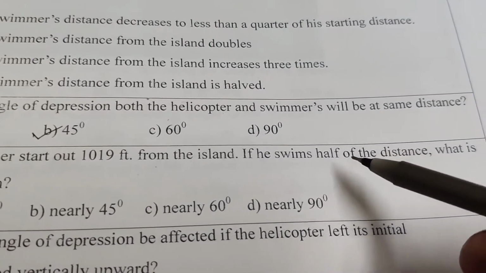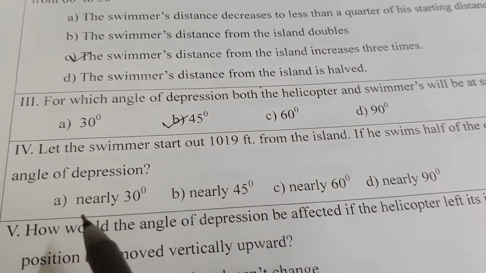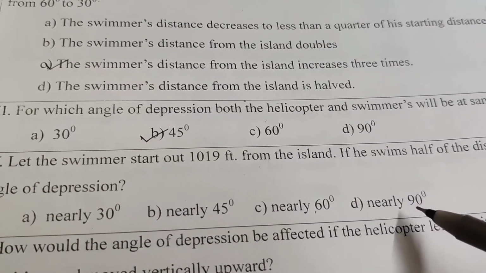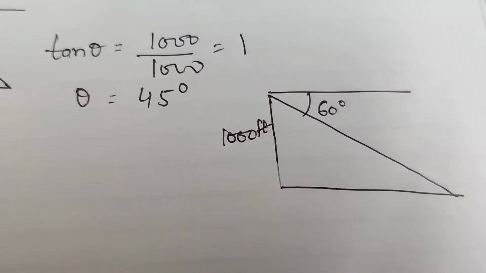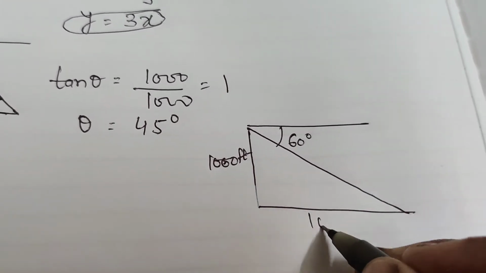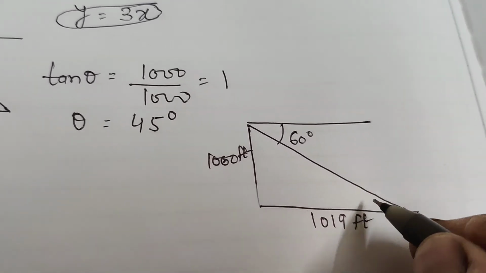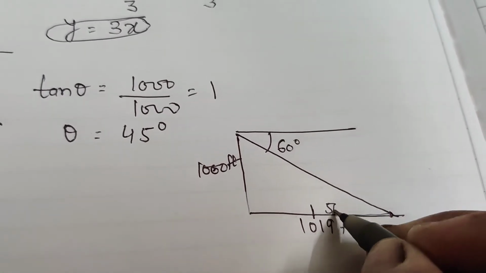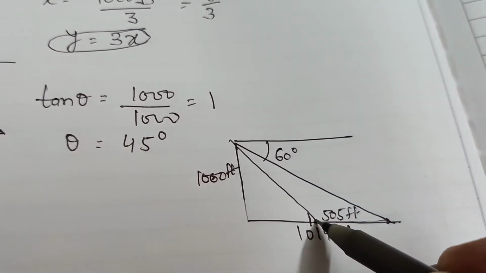The options are nearly 30 degrees, nearly 45 degrees, nearly 60 degrees, or nearly 90 degrees. How can we find it? The swimmer is 1019 feet away, starting from here. If he swims half of the distance, it means approximately 500 feet. Now what is the angle of depression?